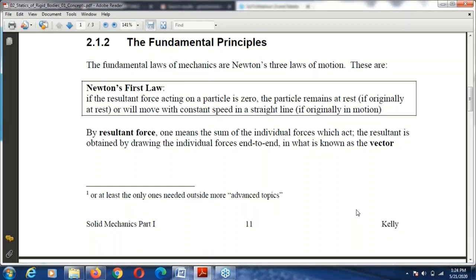But in Newton's first law of motion, because the forces balance out, the downward force and the upward force, the body is going to remain as it is.